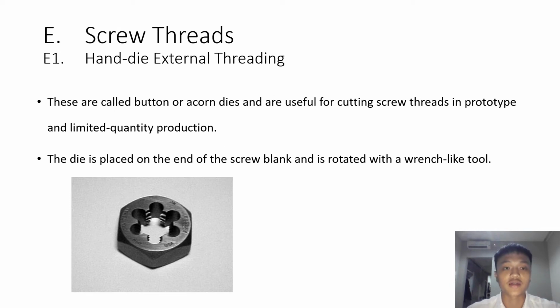We get on to the next chapter, screw threads, hand die external threading. These are called button or acorn dies and are useful for cutting screw threads in prototype and limited quantity production. The die is placed on the end of the screw blank and is rotated with a wrench-like tool.